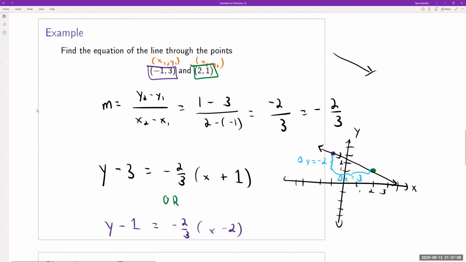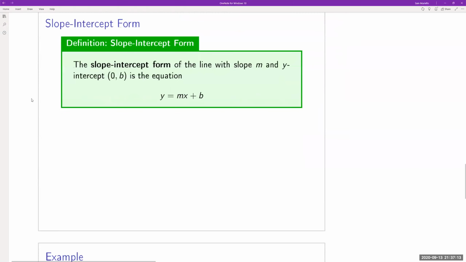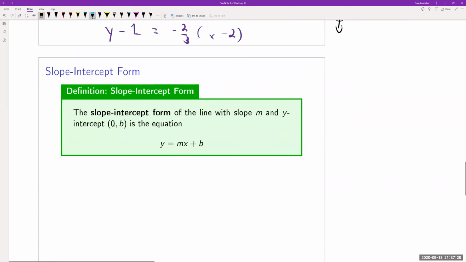Now, slope-intercept form is just a more specific version of point-slope form. This is probably the one that many of you are most familiar with, y equals mx plus b. Slope-intercept form is simply point-slope form where the point is an intercept. y minus y1 is equal to m times x minus x1.